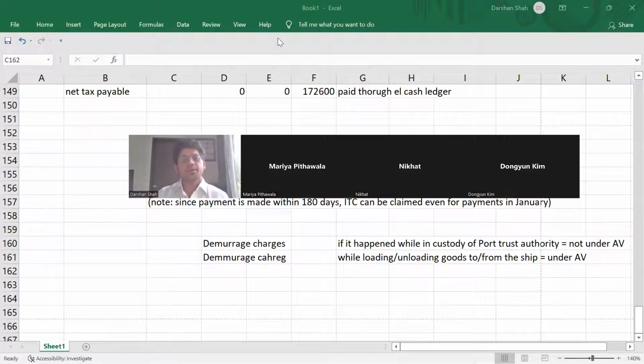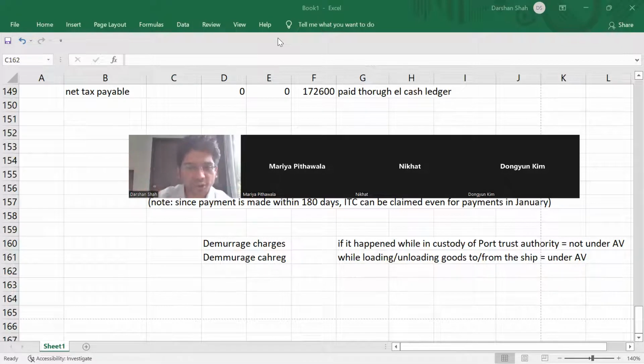Sorry, right. In case of barge expenses, any kind of expenses, the same thing will happen. If it is in the custody of Port Trust Authority, all these demurrage charge, barge expenses, pilferage, I'll tell you why all these expenses are happening. See, for example, if I'm bringing in a commodity, which by default, due to weather condition, also there are losses.